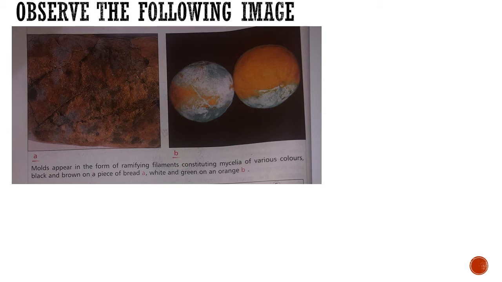Now, each one of them has a color. For example, on the piece of bread, the color is black and brown, and on the orange, it's white and green.